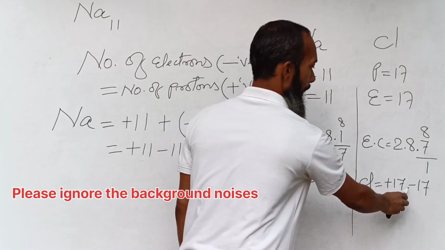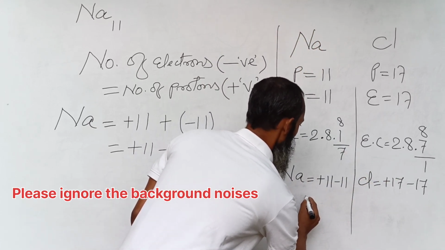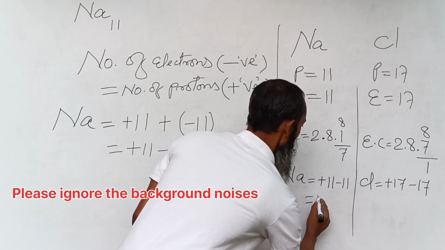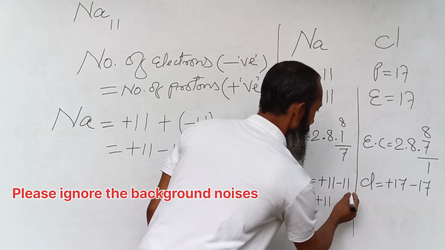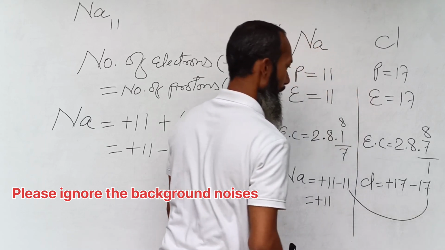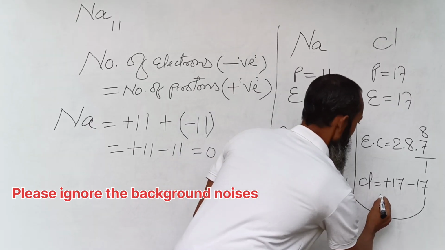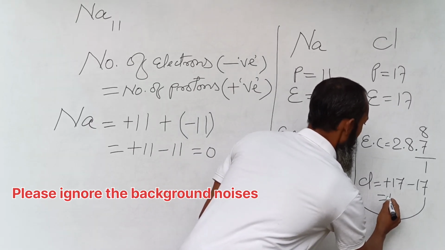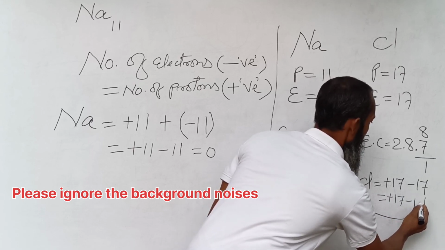Same thing happens in case of chlorine. Now if sodium releases 1 electron, if sodium donates 1 electron to chlorine, then it becomes 10. Whereas in case of chlorine, after gaining 1 electron, it becomes 18.